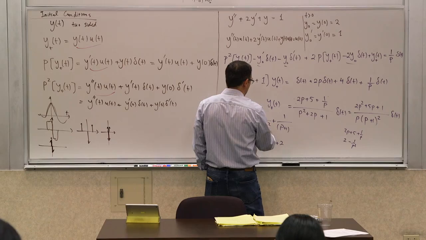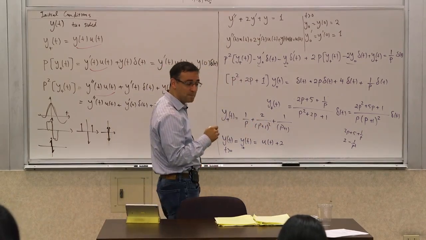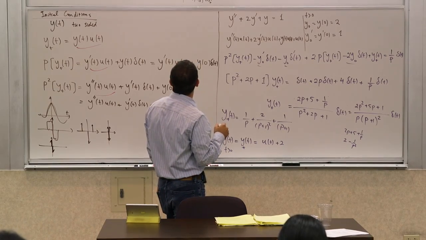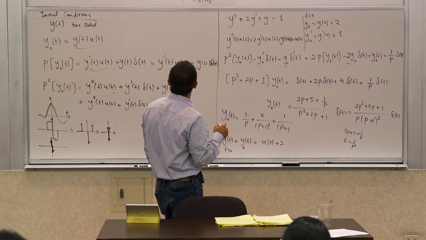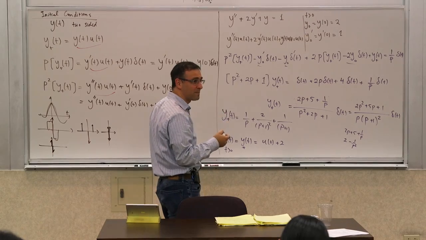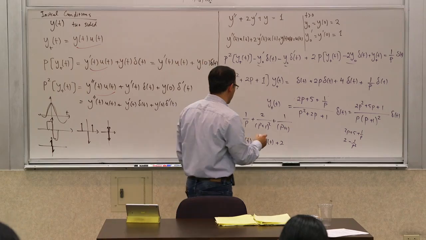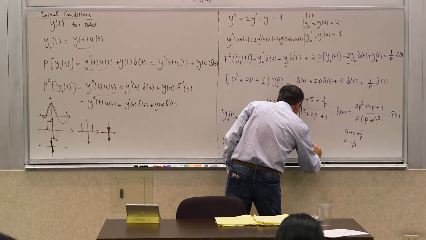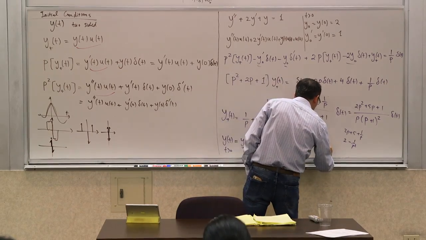What is p plus 1 squared? It's 1, but that's okay. We've already done this, right? This is t e to the negative t u of t. And what's the last one? E to the negative t u of t.